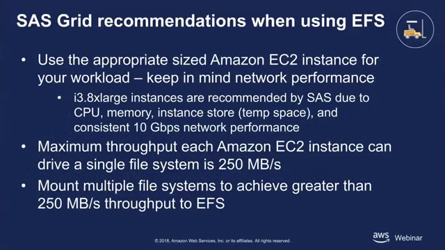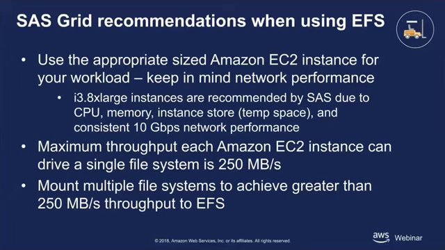Another consideration is to really understand the network performance of the EC2 instance your workload will be running on. Network performance is very important when accessing a shared file system over the network. SAS does recommend using i3.8xlarge instances when running SAS workloads, due primarily to their CPU, memory, and dedicated 10 gigabit network performance, and the use of internal NVMe drives for SAS temporary space.